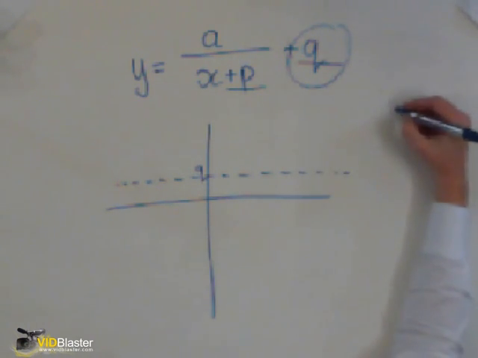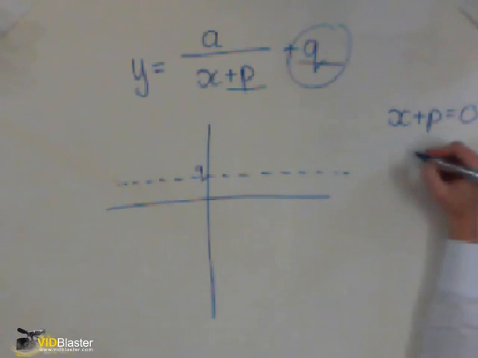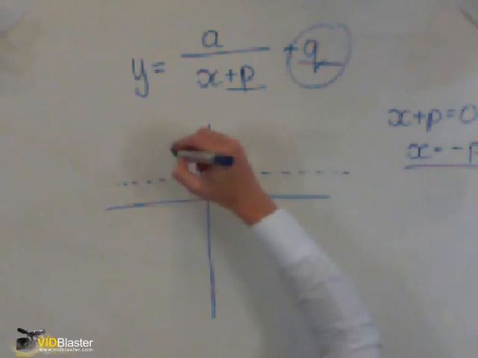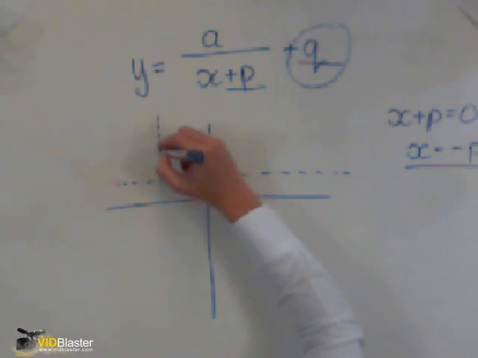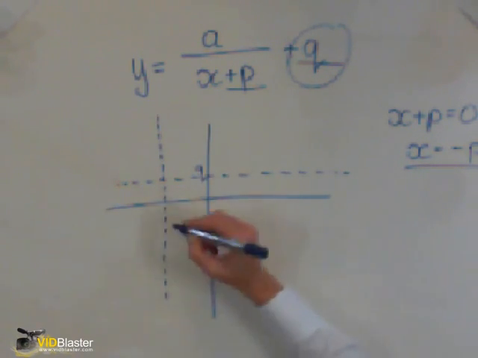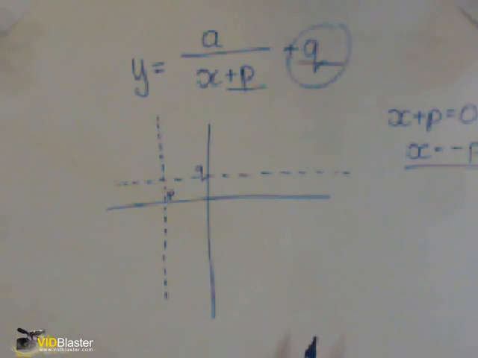If we say x plus p equals 0, then we know that x equals negative p. So if p is positive, our graph has shifted to the left.